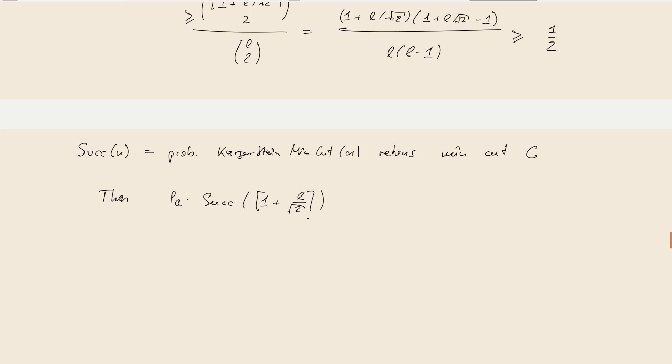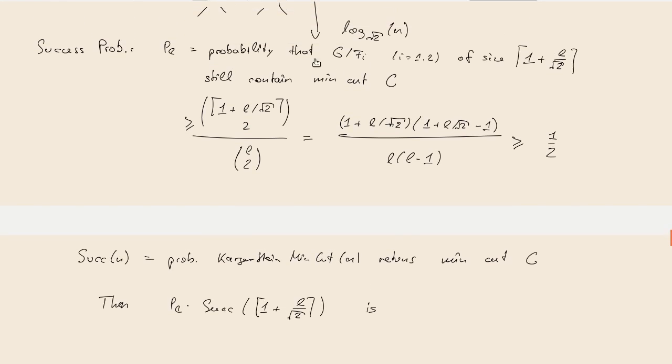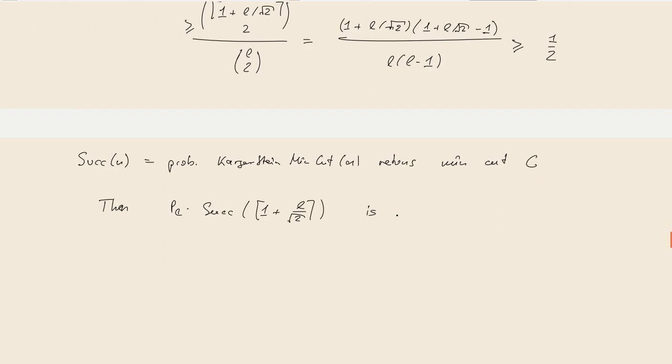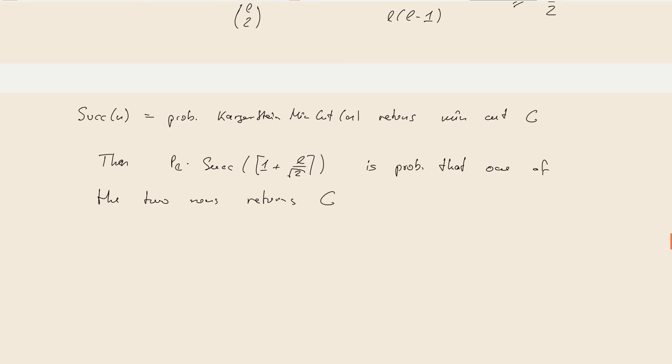that's the probability that one of the two, well, since we used, well, PL is just this probability. So this is that one of the two runs returns C. Well, and actually it suffices if one of the two succeeds.